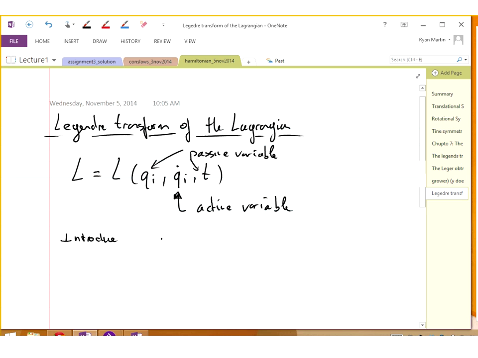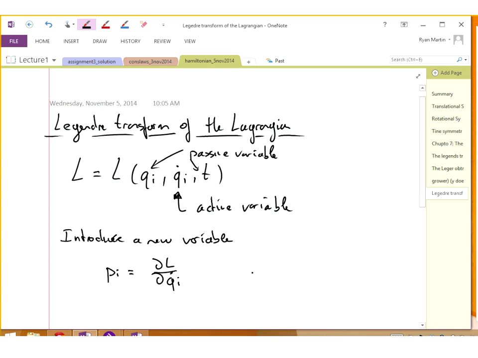Okay, so we introduce a new variable. The variable is going to be equal to the derivative of L with respect to the active variable, which is qi dot. So the new variable that I'm going to introduce is ∂L/∂qi dot.